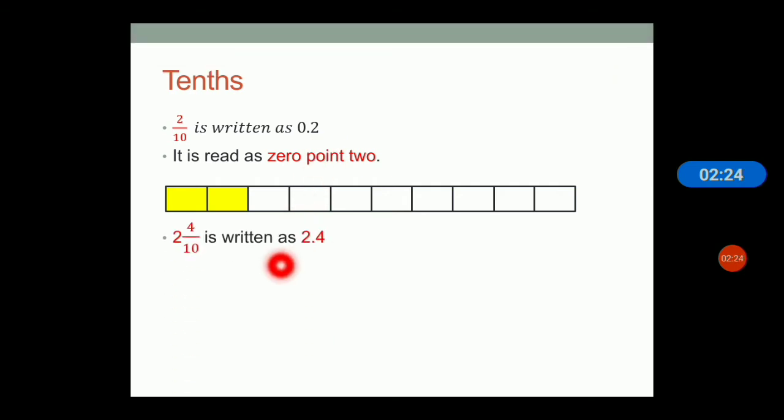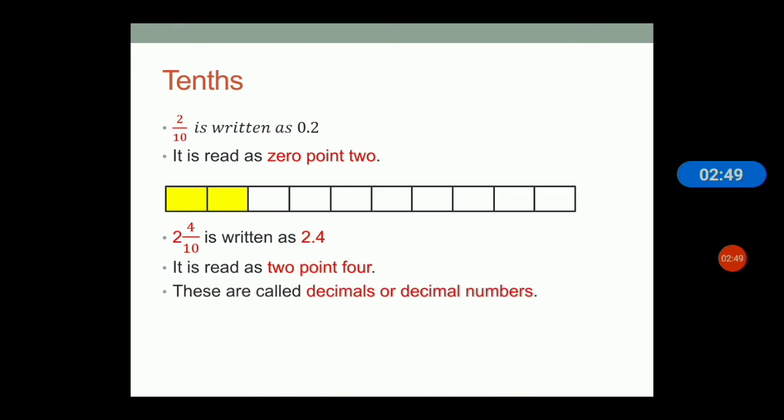For the mixed number 2 4 by 10, if we write it in decimal form, it will be 2.4, read as 2.4. This point is the decimal point. These numbers 2.4 and 0.2 are known as decimals, or decimal numbers.